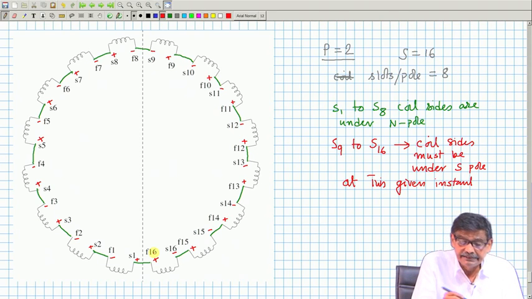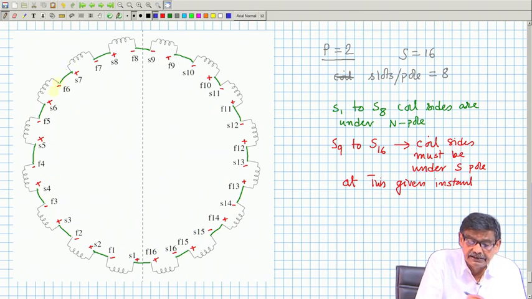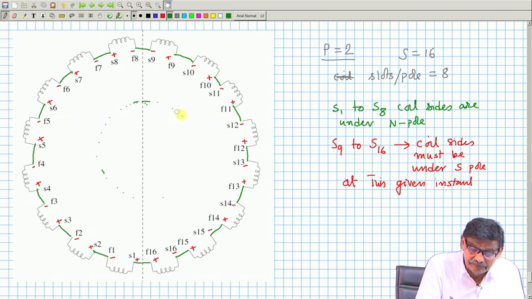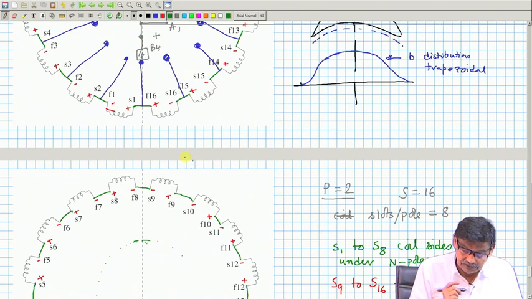Then the next step is series closed. Then from the junctions, I will draw it in a much better manner. What I will do? I will draw a circle.